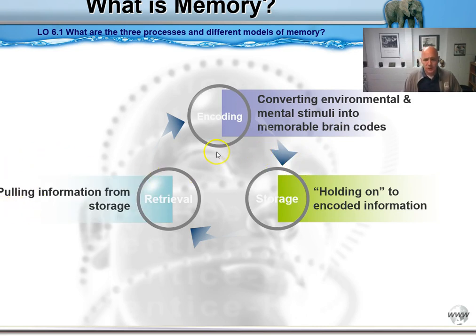The retrieval is just the pulling information out. Sometimes we can think of the name of a song or the name of a person or lines from a movie. We can remember them sometimes a lot better than the things that we have to memorize for school, and we'll understand more about why that is the case.